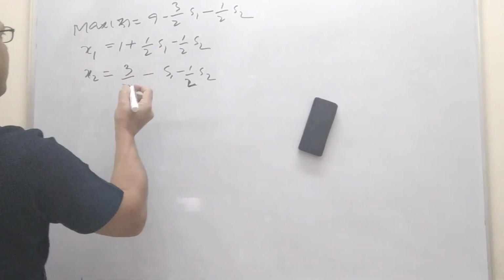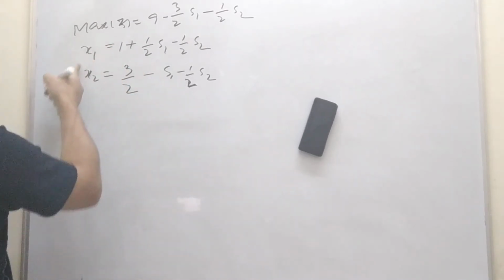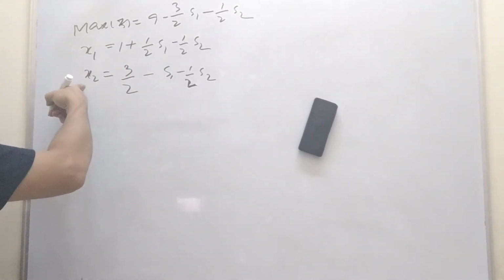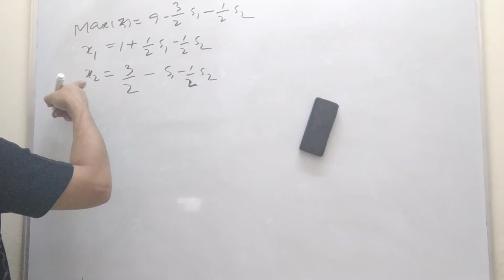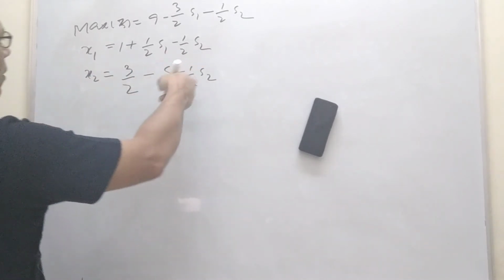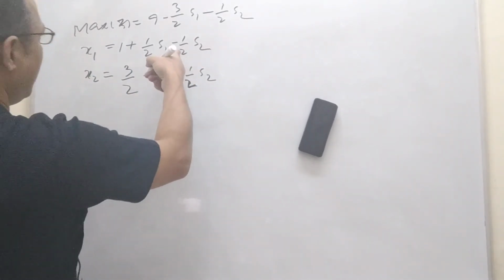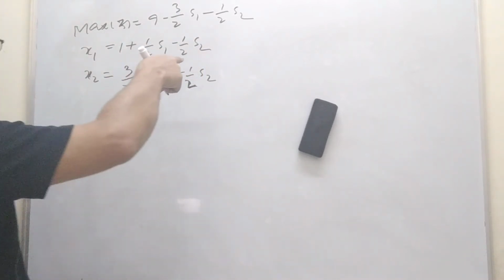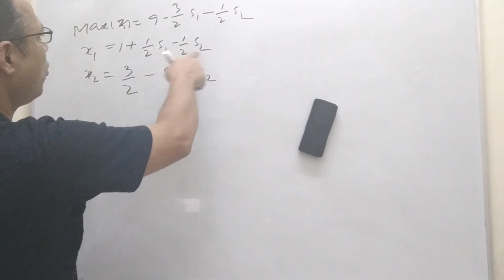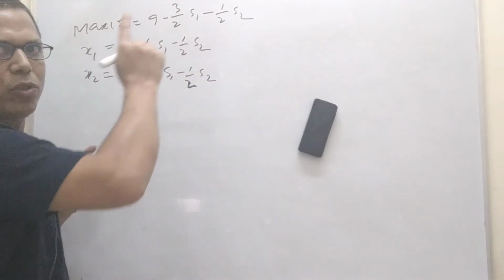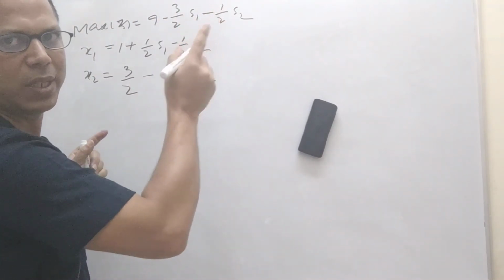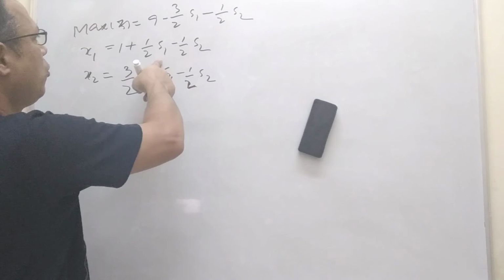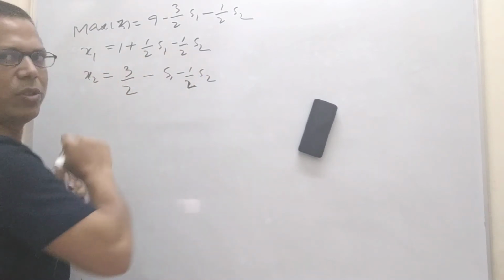Because x1 and x2 have already entered into the basis, x1 and x2 are our basic variables, and the rest of the variables, S1 and S2, are considered as 0, because these are now non-basic. In the algebraic form, we put S1 and S2 as 0 to find the values of x1 and x2.